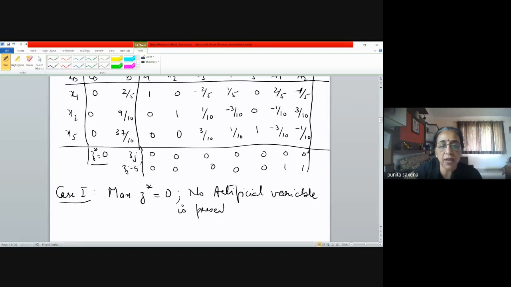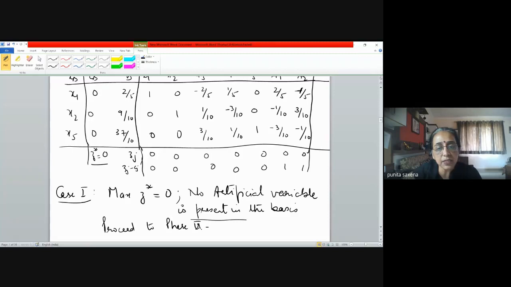That means all of them have been removed from the basis. In this case, we can move on to find the optimal solution for the original problem. The algorithm says that we can now proceed to phase 2.